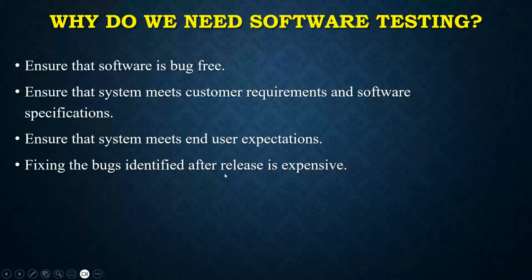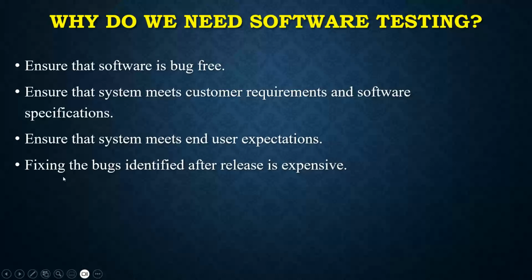And it is really expensive because once the end user complains that this functionality is not working, ultimately your company will be affected, your team will be affected, and it will be really expensive because you have to start working from scratch, like A to Z. You have to develop, fix, test, and release the product to the end user and ask them to test again.